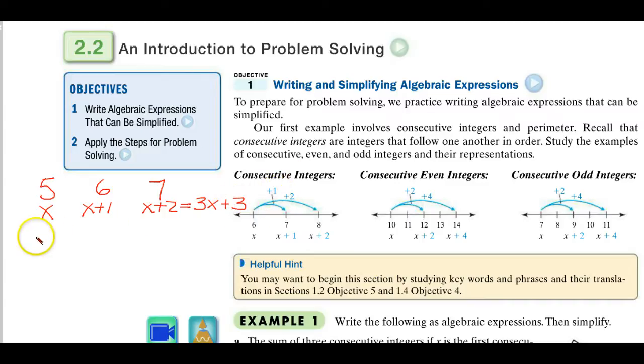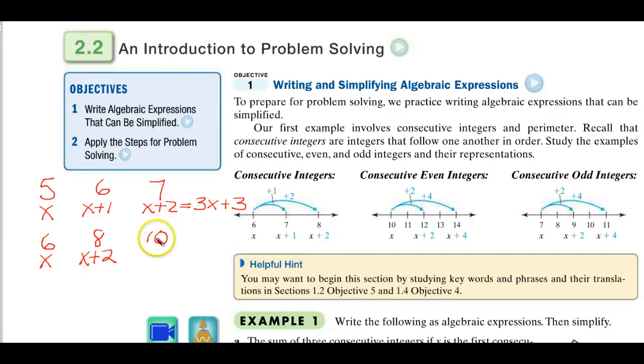Now, how about if we had even integers? Well, this would be 6, this would be 8, and this would be 10. Now we're defining our first integer as x. That's a 6. How would we write the 8? x plus 2.